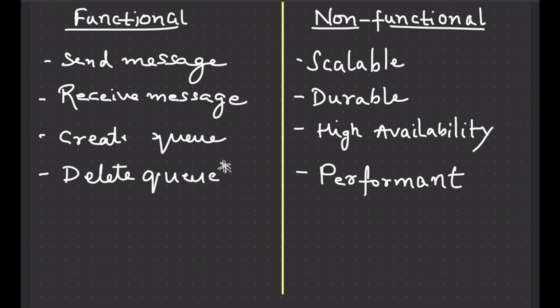For example, you may want to support auto creation of the queue. Suppose you're sending a message to some queue which doesn't exist, then we would want to auto create a queue by that name, and all these configurations would be supported by our system. And then we have the delete queue API, but it's a bit controversial because it's a destructive action, so you can have some discussion with your interviewer about whether we need it at all.